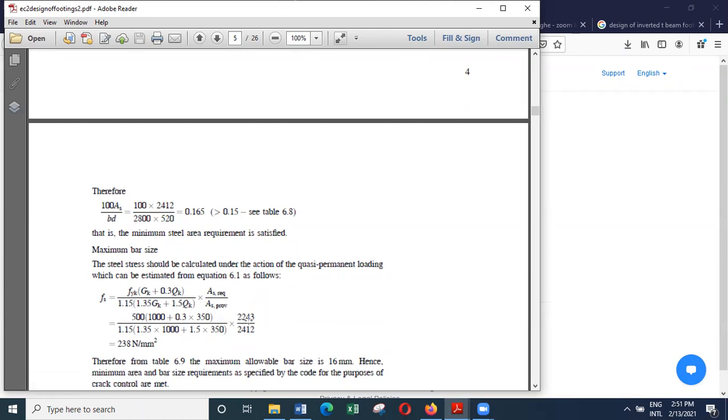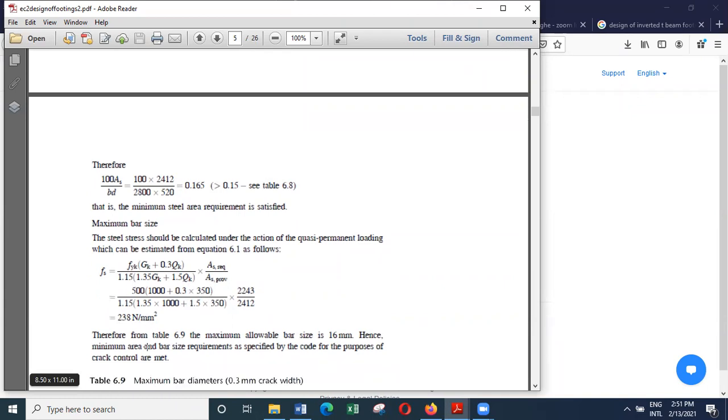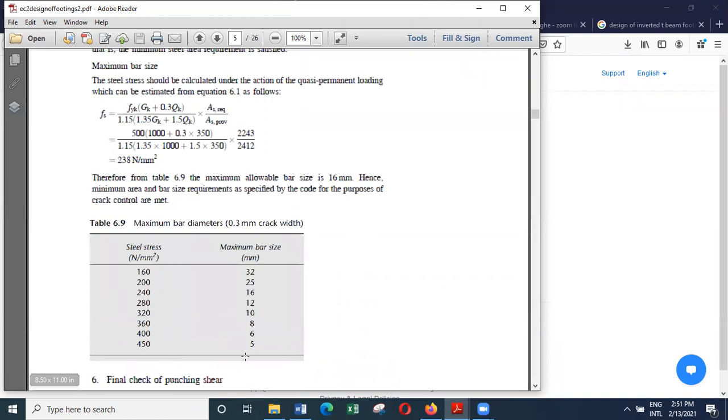So once you use this equation, 2243 divided by 2412, that is the area required and the area provided, and the vertically downward load is 1000 kilonewtons, and the variable load is 350. So 350 multiplied by 0.3 divided by the full load, that is 1875, will give a value of 238. When you have this value of 238, this table is exactly the same as that given in EC2 as Table 7.2.